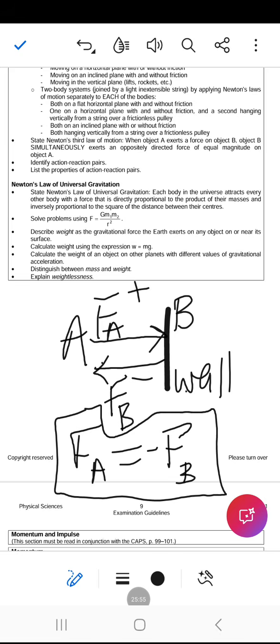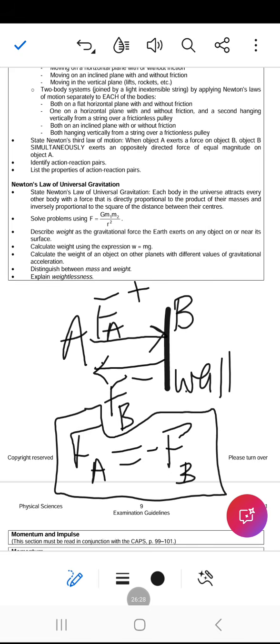Then the next point: identify action-reaction pairs. Our action force here is force A. Then our reaction force here is force B. Then list the properties of action and reaction pairs. As you can see from these properties, force B, the reaction, will only be exerted if force A is applied.